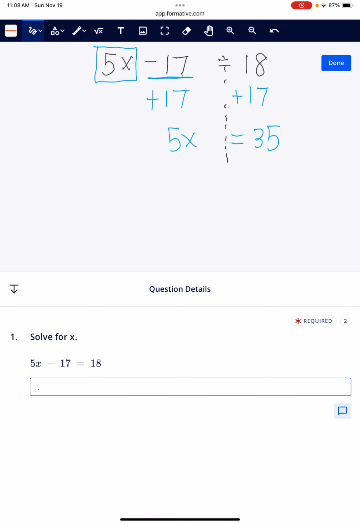From there, you need to get rid of the coefficient 5. 5 and x are multiplied, so you need to divide by 5. Once you divide the left side, you have to divide the right side by that value too. 5 will cancel each other. You'll be left with x. 35 divided by 5 is 7.